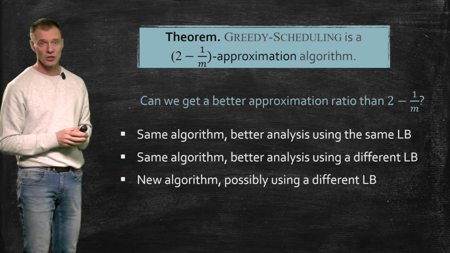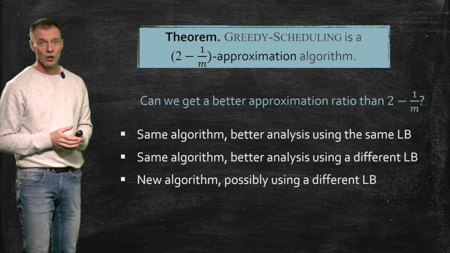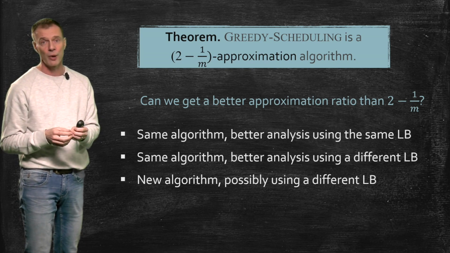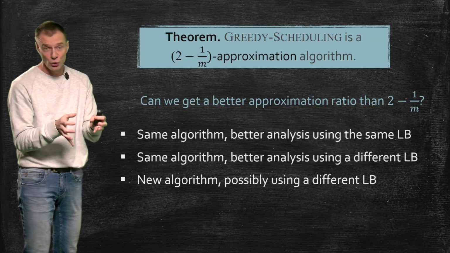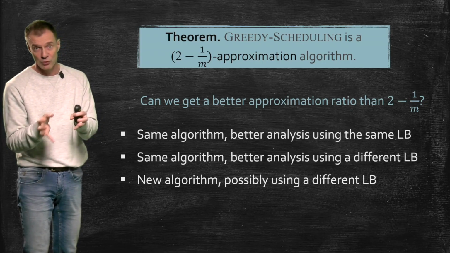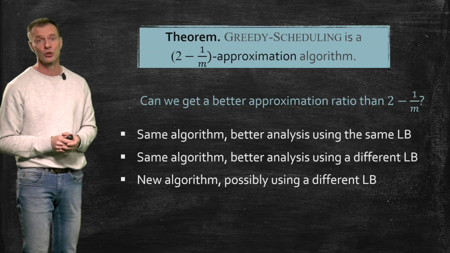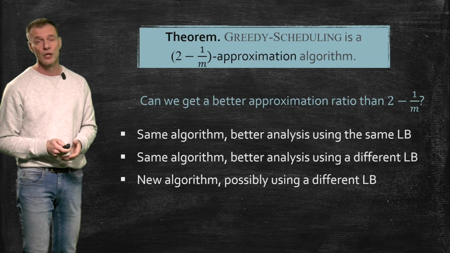That's what we just did. We could also look at the same algorithm, but maybe have a better lower bound, a lower bound that is closer to opt, and then that would give us the possibility to prove something closer to opt, or maybe we can do a completely new algorithm.